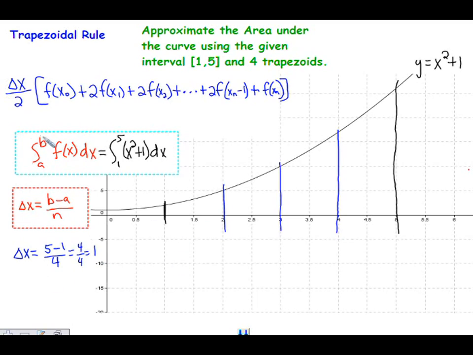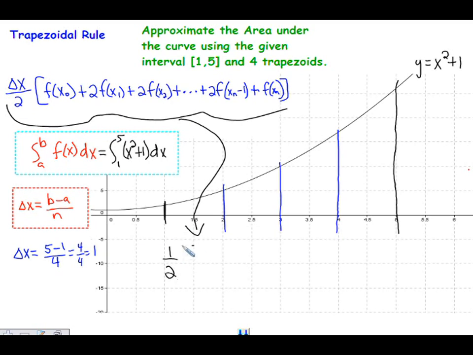So now we plug the values into this formula. We're not going to find the integral because that would give you an exact value of the area under the curve. But the approximated area under the curve using the trapezoidal rule has us using this formula here. So we're going to pay attention to this formula, and we're going to work it out down here. Delta x is 1 over 2.